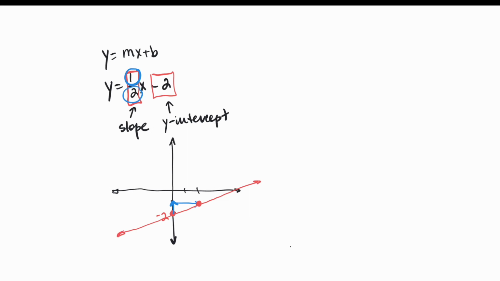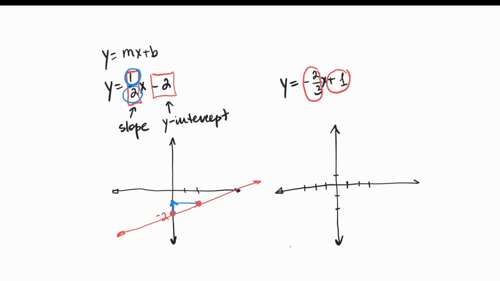Let's look at another example. Let's say my equation is y equals negative 2/3 x plus 1. In this example, positive 1 is your b, which is the y-intercept, and negative 2/3 is the slope, m. To graph this line, we'll start by placing the y-intercept on the y-axis, that's 1.